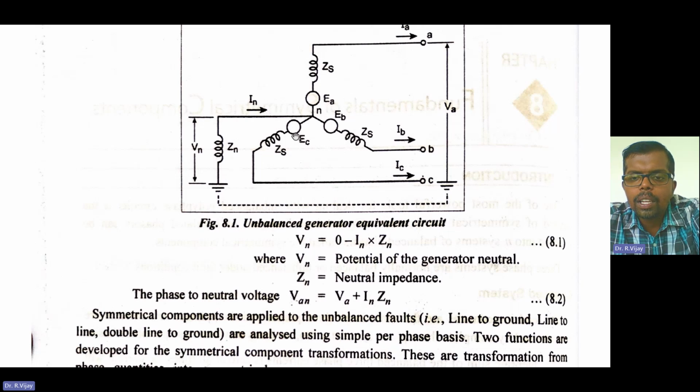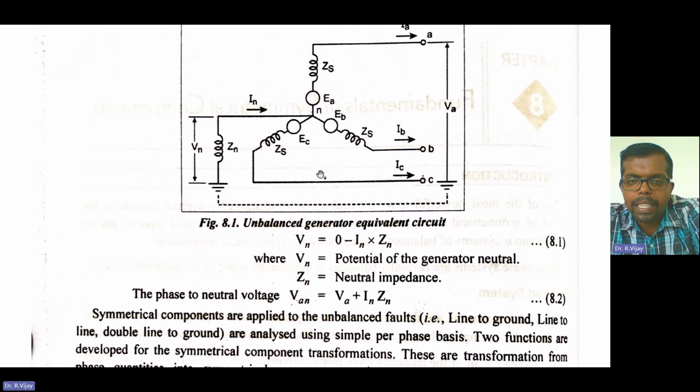But due to some unbalanced condition, we have considered the current is flowing in the opposite direction. So minus In into Zn, where Vn is the potential of the generator neutral, and Zn is the neutral impedance.